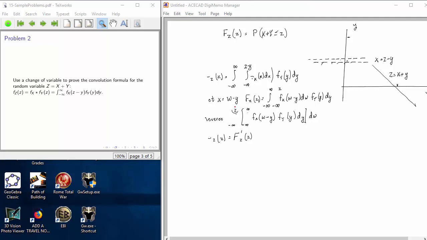The rule, in this particular simple case where the variable with respect to which you're differentiating is just the upper limit of integration, is you evaluate the integrand at the upper limit of integration. This is an application of the fundamental theorem of calculus.